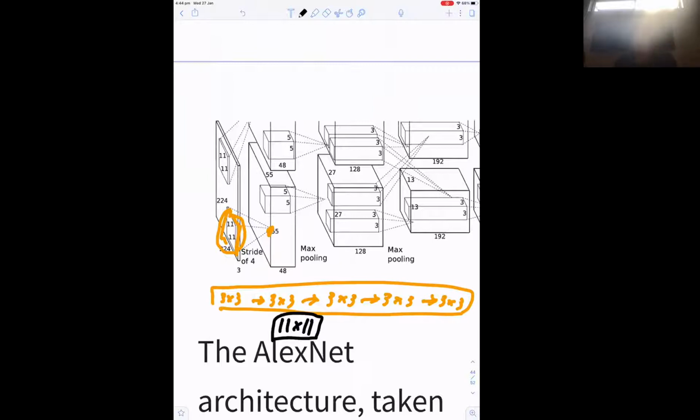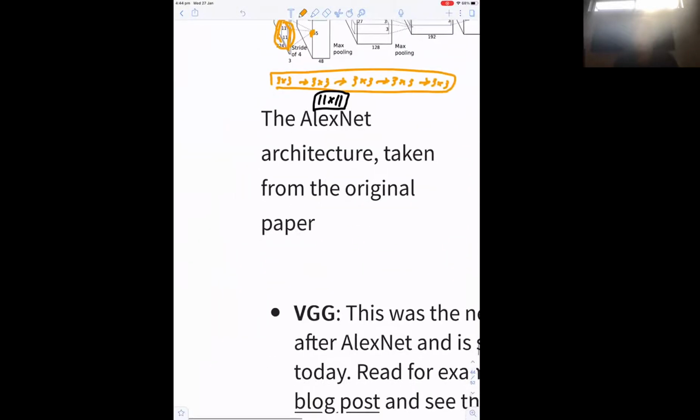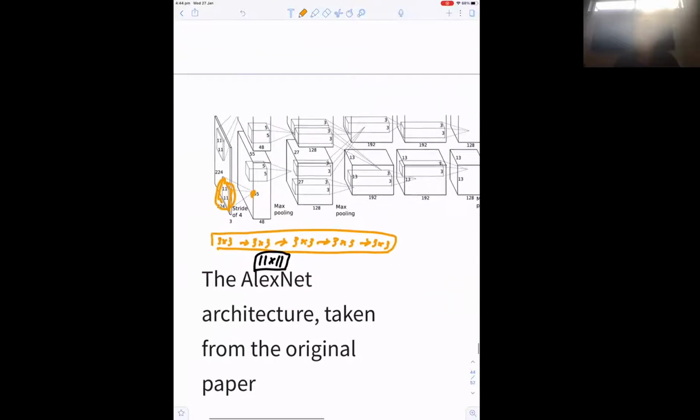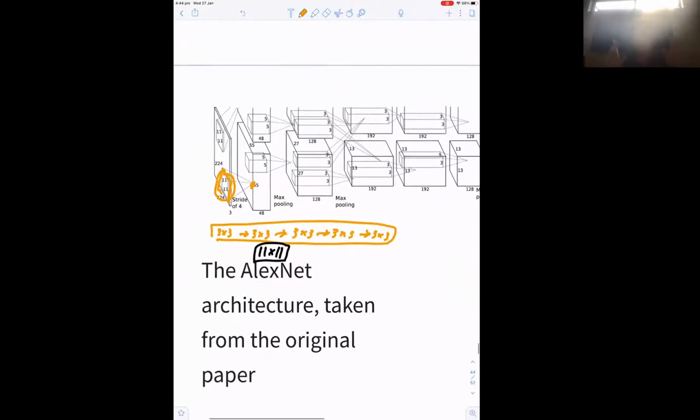Now, that architectural consideration drove people that did the VGG to go with a rather standard architecture and just say, okay, let's go for smaller convolutions and go a bit deeper. So there's VGG 16 with 16 layers, VGG 19 with 19 layers, and this is preferable.